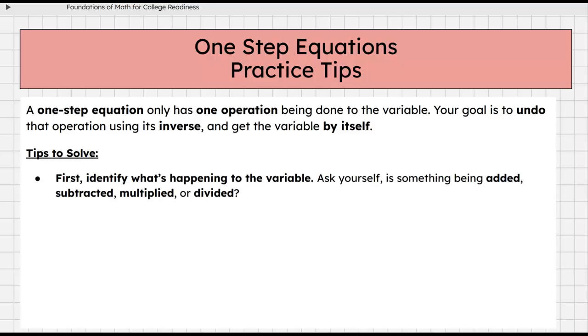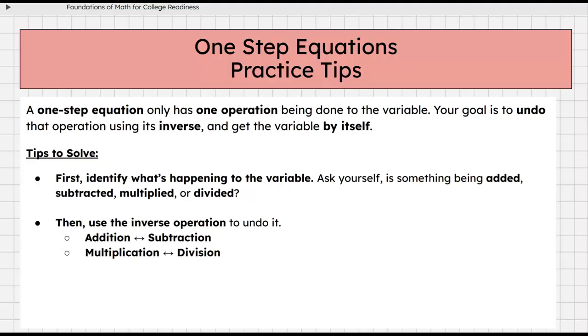First, whenever you look at an equation, identify what's happening to the variable. Ask yourself, is something being added, subtracted, multiplied, or divided? Then you'll use that inverse operation to undo it. And don't forget, addition and subtraction are inverses, and multiplication and division are inverses.